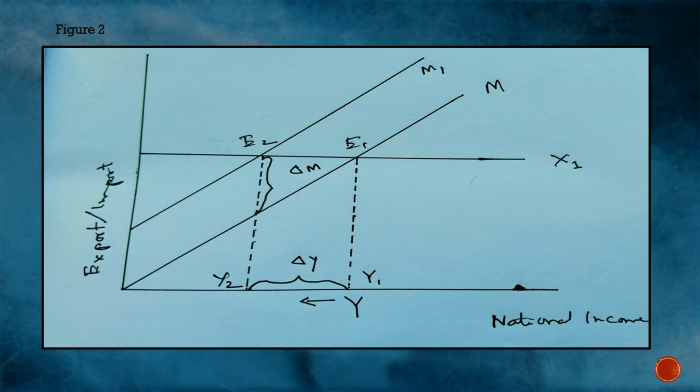That's why we show the import propensity curve shifting up, and now it is intersecting the export curve at E2. Earlier it was E1, right? And now you can see that the equilibrium income is also reduced to Y2.